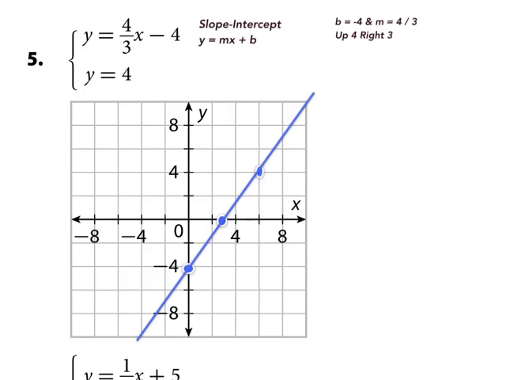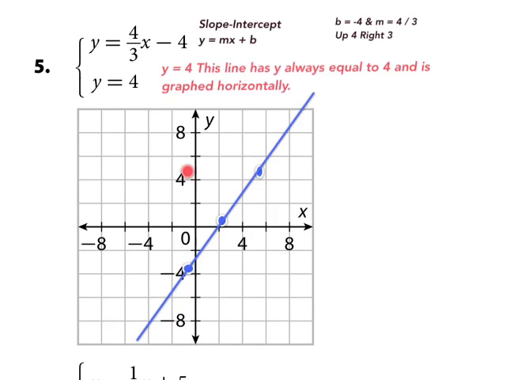Next step will be to use the second line. The second line is y equals 4. This line has y always equal to 4 and is graphed horizontally. So if y is always equal to 4, I can come up to the y-axis and put a dot. But I could go anywhere horizontally and put many dots.